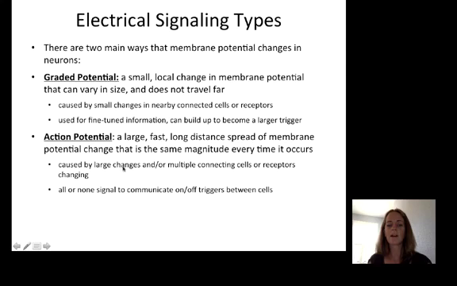This is caused by large changes and/or multiple connecting cells or receptors changing, building up a lot of graded potential to trigger the cell. Once the cell is triggered, then this is the all or nothing signal that will communicate between cells.